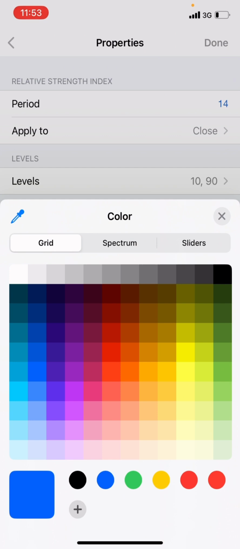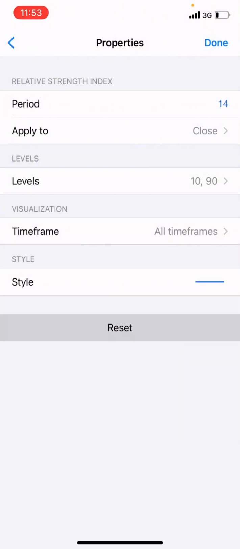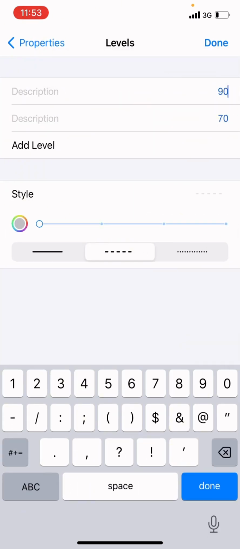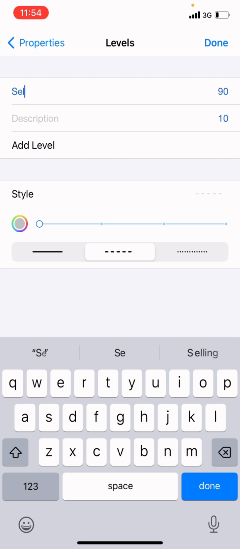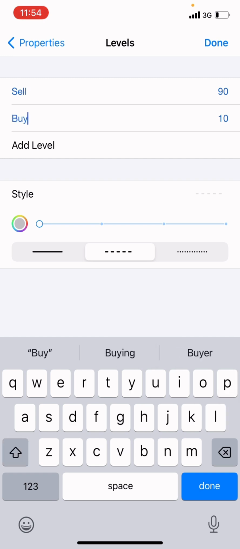I mistakenly reset the RSI, so I'm quickly going to set it again. Remember, the period is 14. The level is 90 here, and this one is going to be on 10. When the price gets to a level of 90, we're going to put on sell, the market's going to sell, and when it gets to a level of 10, the market's going to buy.